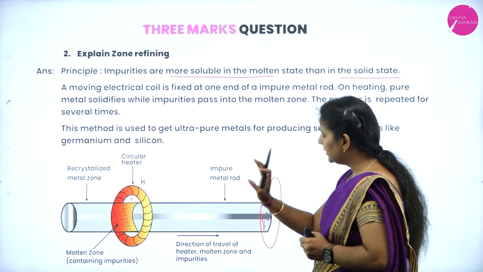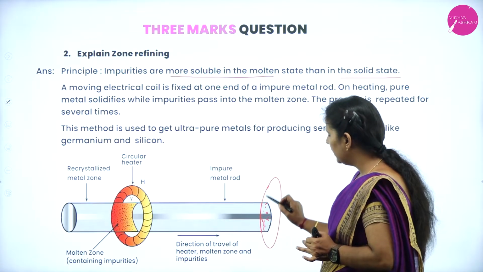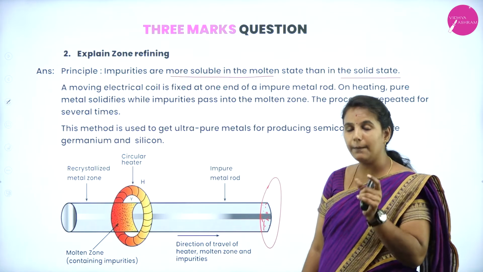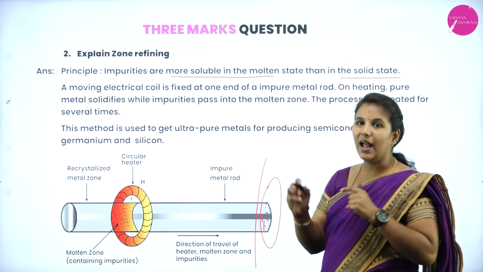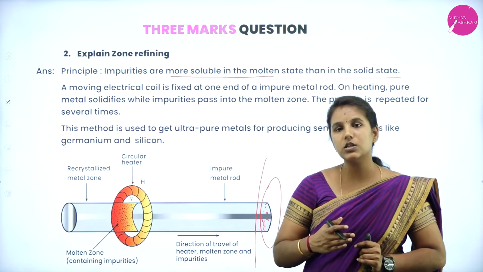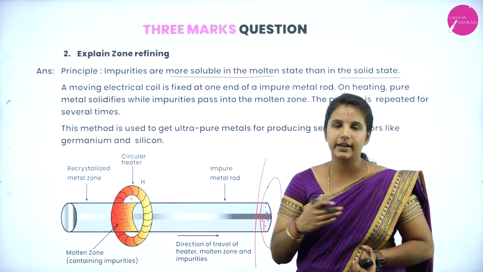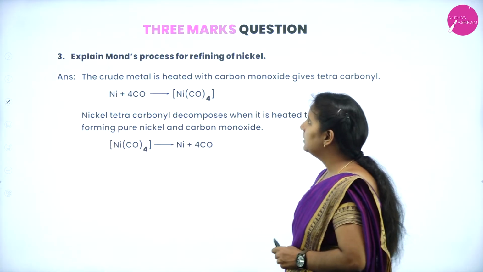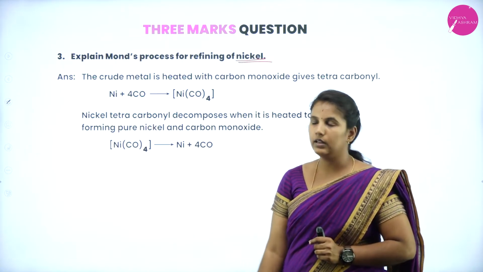Later, this process will be repeated many times in such a way that the impurities are collected at one end of the metal piece. After that, they will cut this metal piece and use the rest as pure metal. This process of refining the metal is known as what? Zone refining.